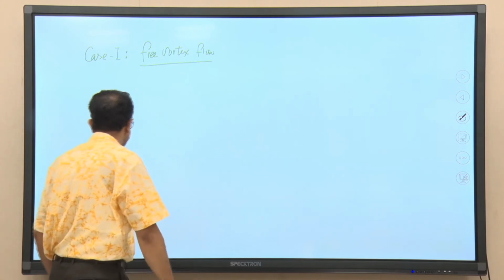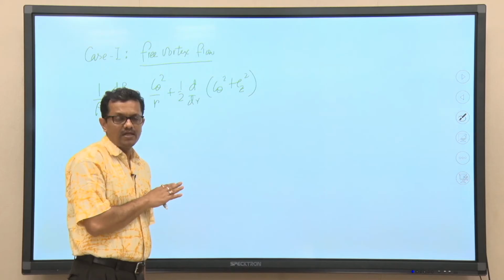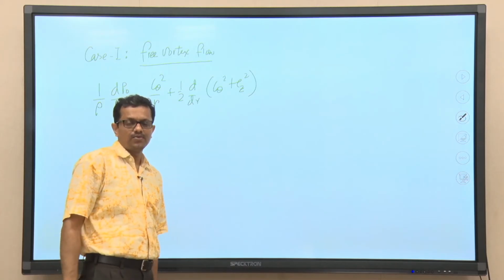Now, for the free vortex flow, because ultimately if we try to recall, the expression is 1 by rho dp naught by dr equal to c theta square upon r plus half d dr of (c theta square plus c z square), right. Now, radial equilibrium equation. So, there will be no velocity components in the radial direction.